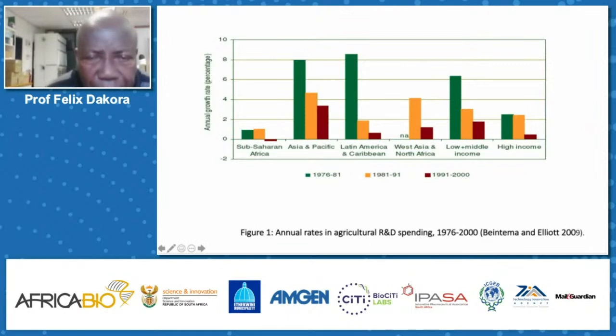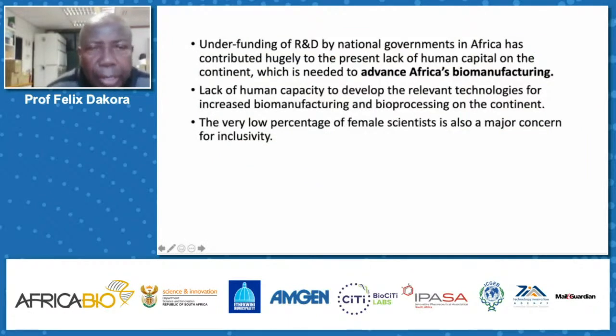Let's go to the next slide. So underfunding of R&D by national governments in Africa has contributed hugely to the lack of human capital on the continent, which is needed to advance Africa's biomanufacturing.